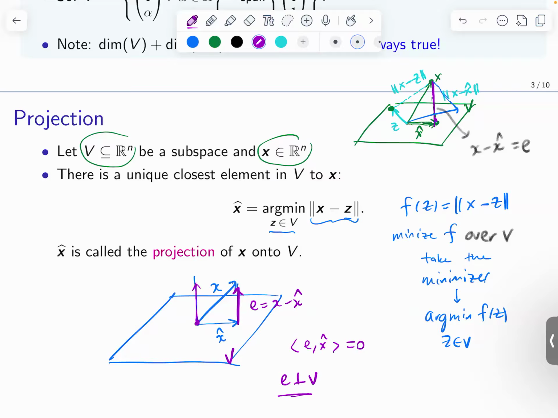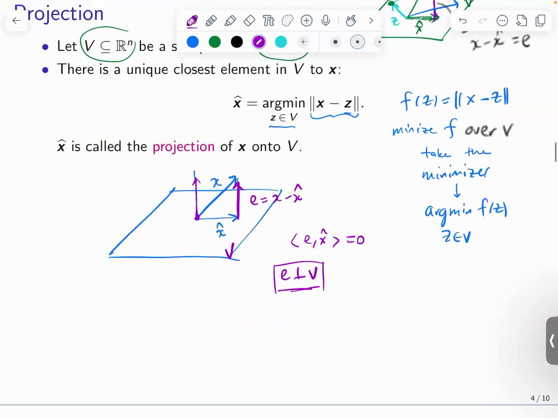Okay. If you have a vector X hat such that this error is orthogonal to V, then that should be the projection. Like intuitively it's clear. So the distance is minimized when the error is orthogonal to V, and you can prove this. So this is the defining characteristic of the projection, orthogonal projection. You have the vector, and you drop the endpoint perpendicular, it's as if you shine a light from the top, just perpendicular, you just drop.